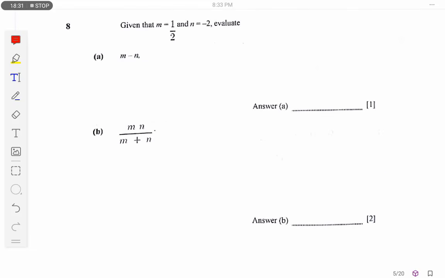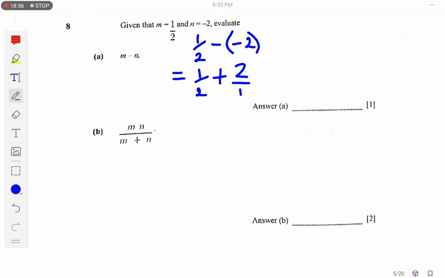This question is saying we are given m is half, n is minus 2, and we want to find m minus n. M minus n, we can say half minus 2. This is going to give us a positive, so we can have 1 over 2 plus 2. This 2 is the same as 2 over 1.